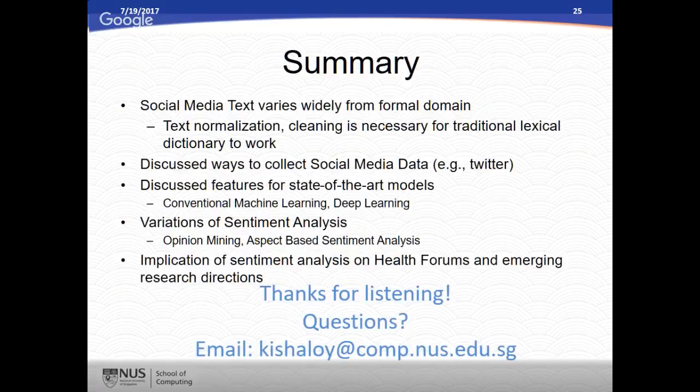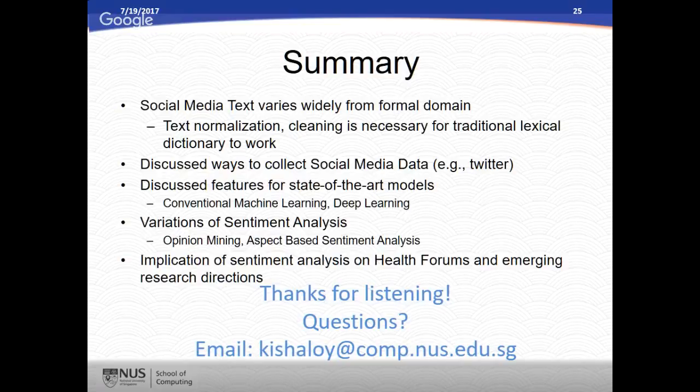To summarize, we talked about how social media text varies from the formal domain. We need to do text normalization and a lot of cleansing to get the data in the right format. We also discussed ways to collect social media data, for example how to collect data from Twitter.